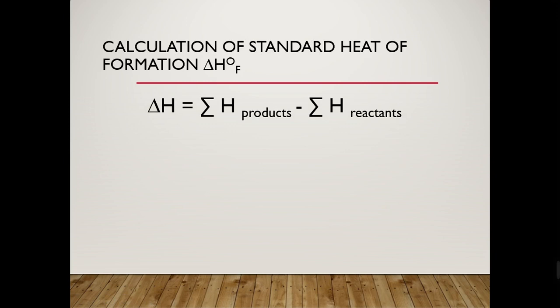This relation that we have studied before: delta H equals sigma H products, or summation of heat content of the products, minus the summation of heat contents of the reactants. Let's take an example. Calculate the change in the heat content of the following reaction.